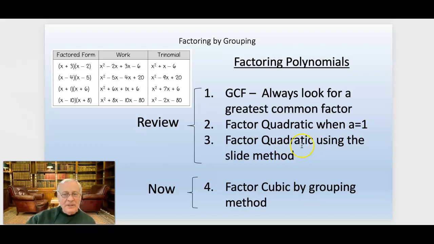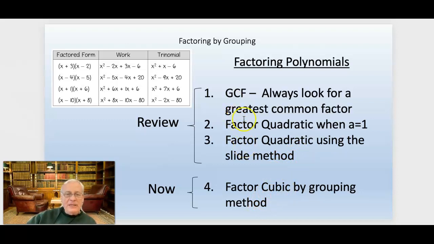Then we learned the slide method, where a is not 1 and there is no common factor. We use the slide method, which converts it into where a is 1, so we know how to factor it, and then we divide it back out. The last one we're going to do is factor cubics.